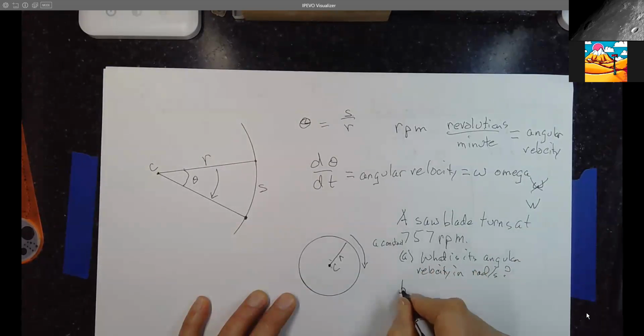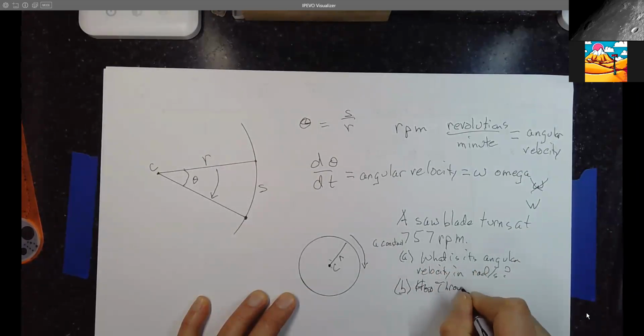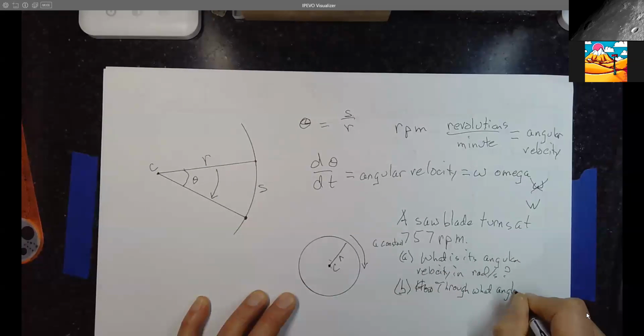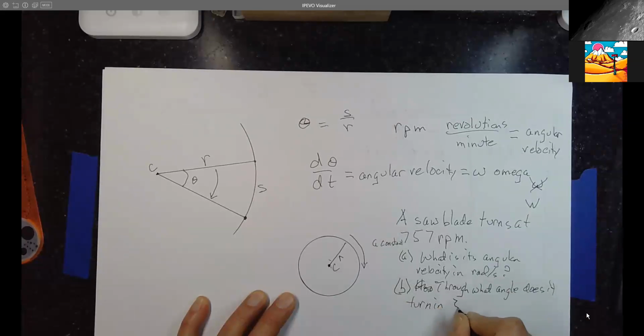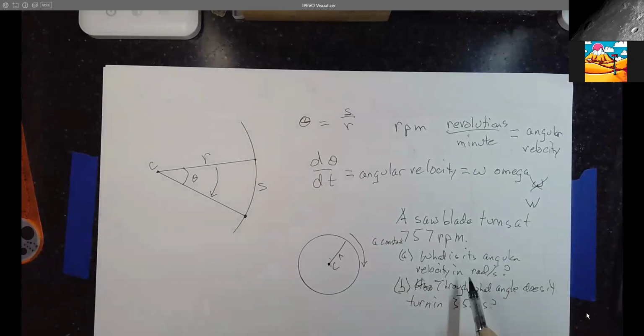But also, through what angle does it turn in 35.0 seconds? Well, once you figure out the angular velocity in radians per second, that'll be pretty easy to figure out.